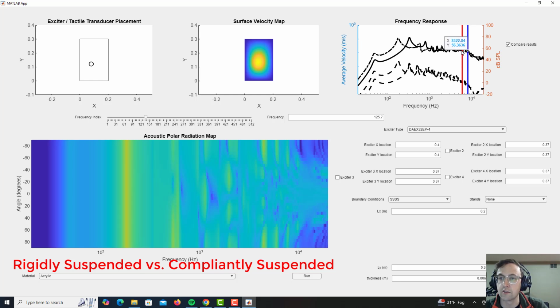Yeah, 8300 and 6000. I mean, the coincidence frequency can't move, but it doesn't look like the frequency where the exciter starts to impact the high frequency stuff changed either.